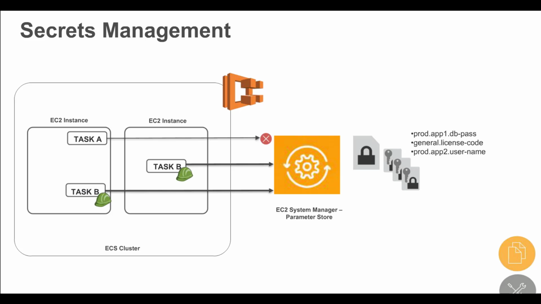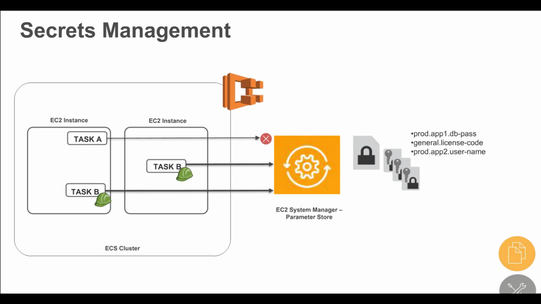So in this example, task A might have a database password or some key it is trying to access, which is a secret, and it tries to access the parameter store. It was not assigned the correct role, so it does not get access to the secret.